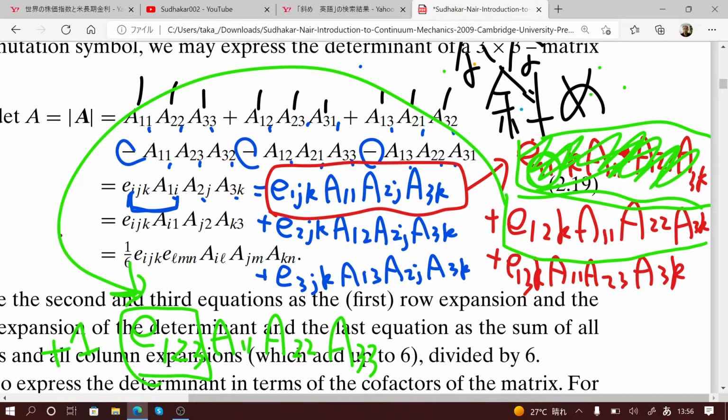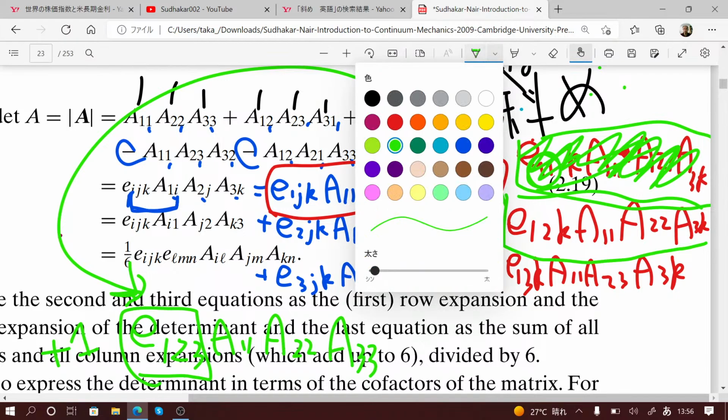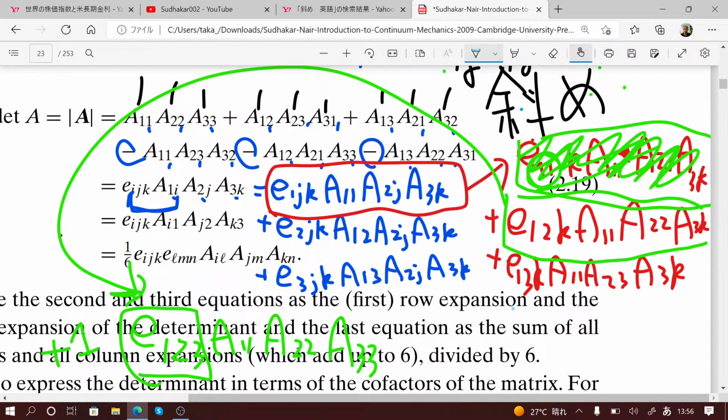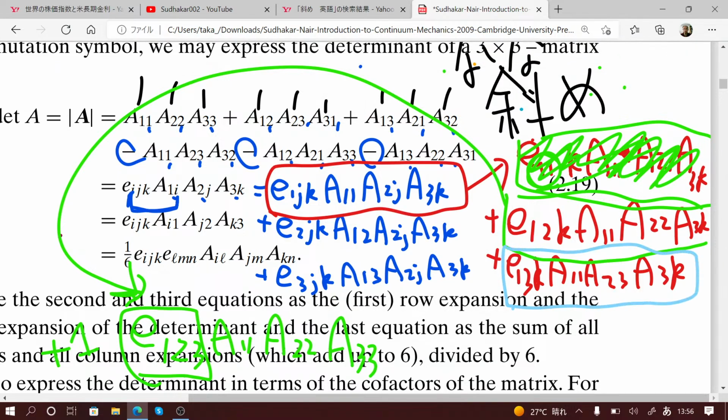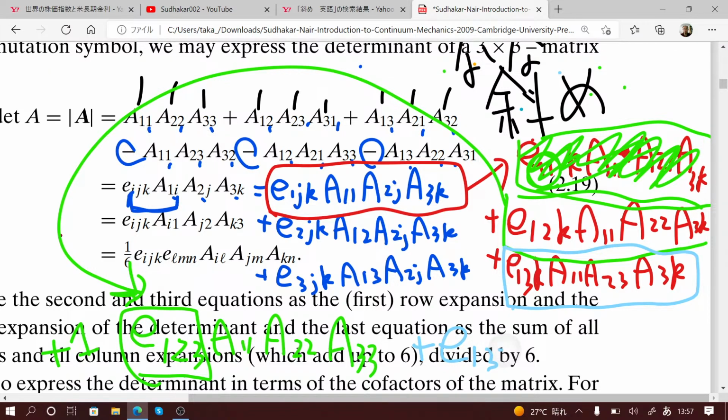So, a second term. Let me see, I can give you another color. This one, from this one, you obtain plus epsilon_{1}, I'm sorry, this has to be 1, 3, 2, A_{11} A_{23} A_{32}.